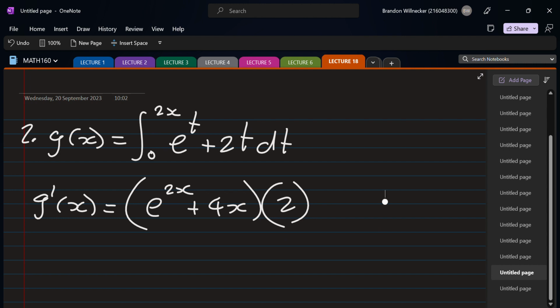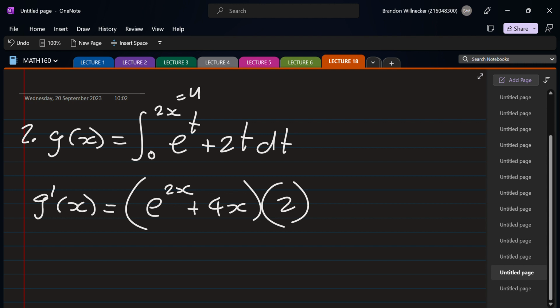Okay. So here, this 2x, that was our u, like we did on the Monday. So if we're finding the derivative, the integral and derivative cancel, so we're just substituting the u in. So e to the t becomes e to the u, but u is 2x, so it's e to the 2x. And then 2 times t becomes 2 times u, but u is 2x, so it will be 2 times 2x, which is 4x.